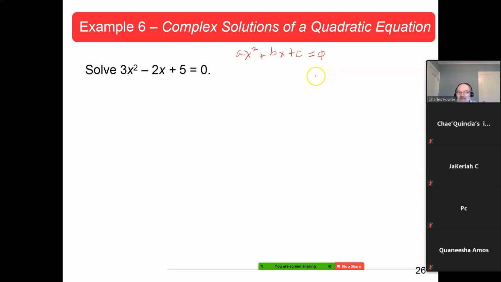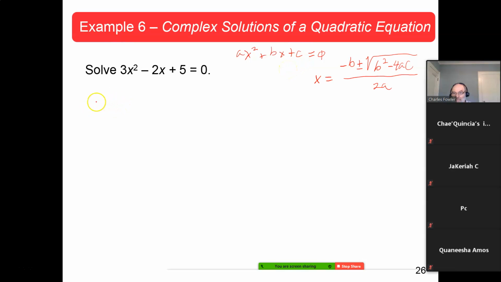You can just write it down. x is equal to minus b plus or minus the square root of b squared minus 4ac, all divided by 2a. That's the quadratic formula. Okay? Now, of course, a is your quadratic coefficient, b is your linear coefficient, c is the constant coefficient.